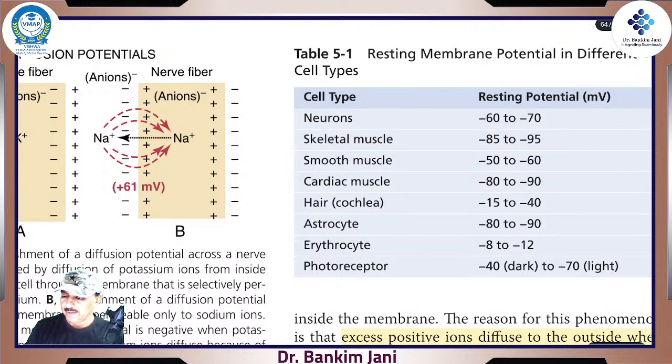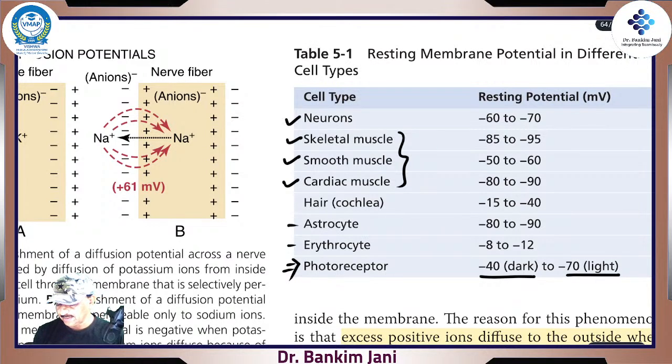where all the, right, say this is the neurons, minus 60 to minus 70, skeletal muscles, smooth muscles, cardiac muscles, right? These are very important. Then hair, cochlea, right? Minus 15 to 40, astrocytes, erythrocytes, and yes, this is the photoreceptor, right? In dark, it is minus 40, in light, it is minus 70, right?